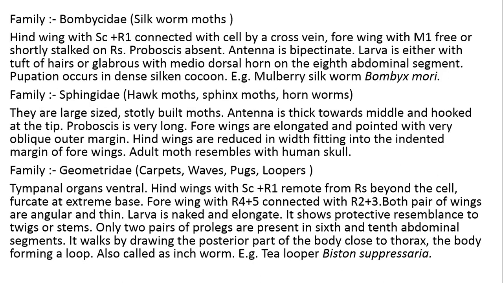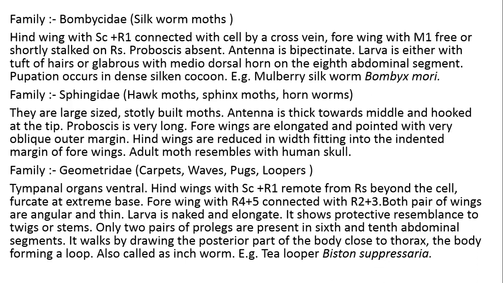Family Bombycidae, in which the silkworm moths are included. For example, Bombyx mori, that is mulberry silkworm. Hind wings with subcosta plus radius first connected with cell by a cross vein. Forewings with M1 free or shortly stalked on radial sector.